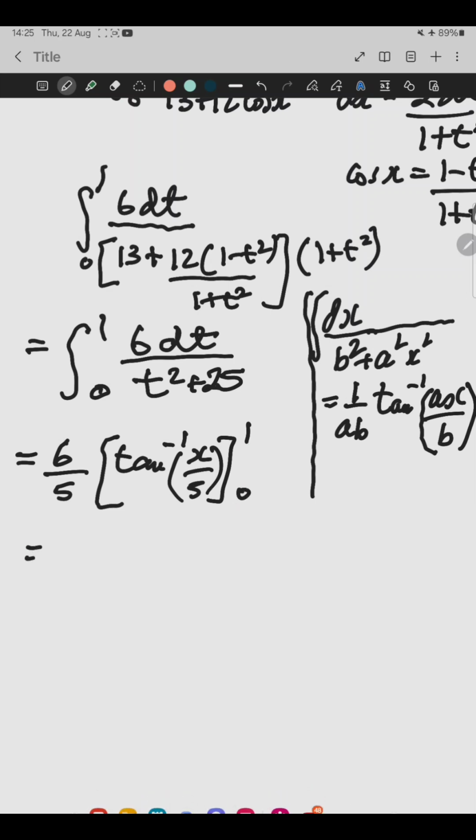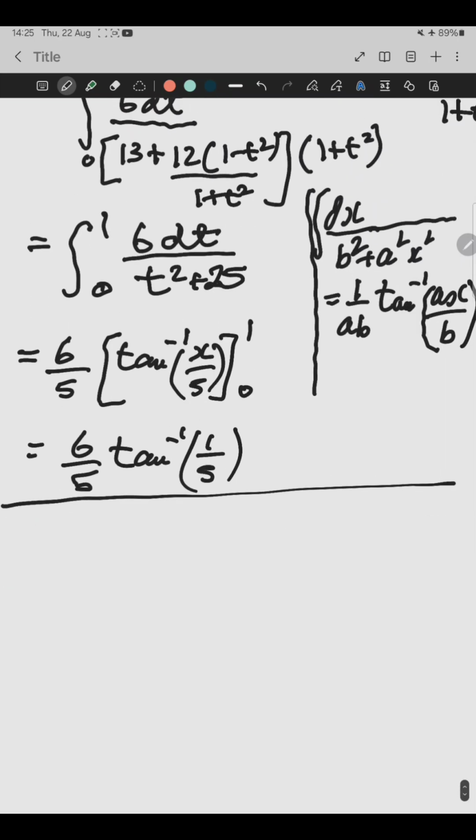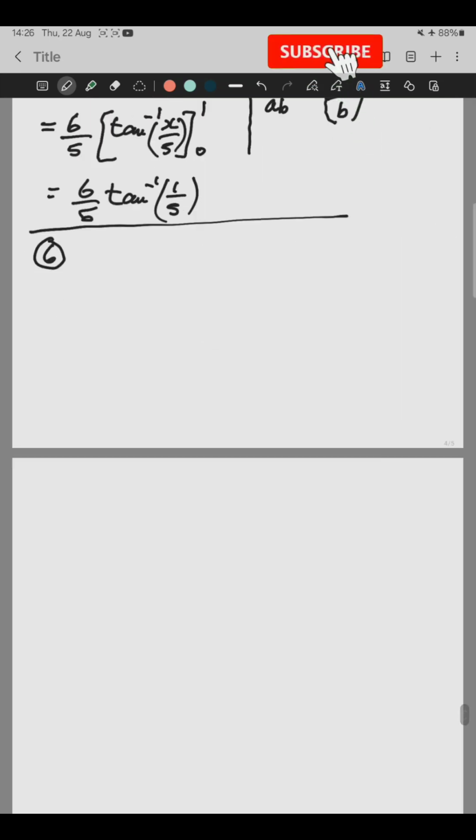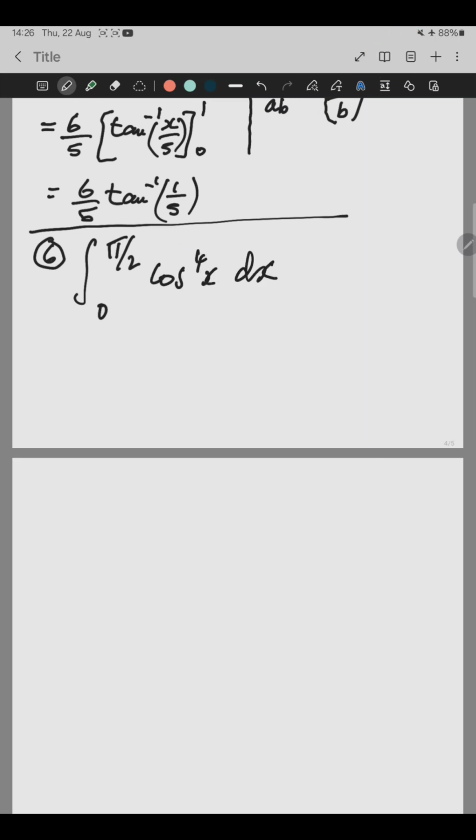The bottom limit will make the whole thing 0, but the top limit will make it 6 over 5 tan inverse 1/5, and you can leave it like that. Just one more integral to do. Number 6, integral number 6, the integral from 0 to pi upon 2 of cos to the 4th x dx.